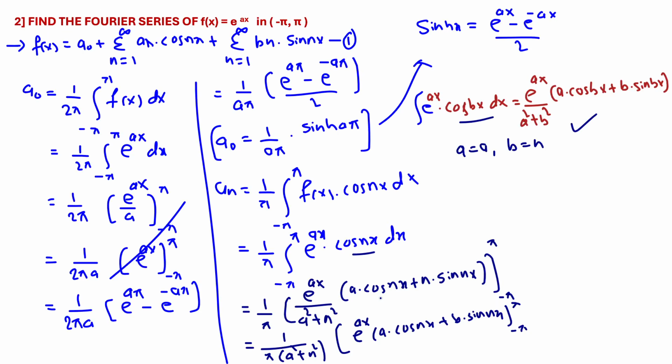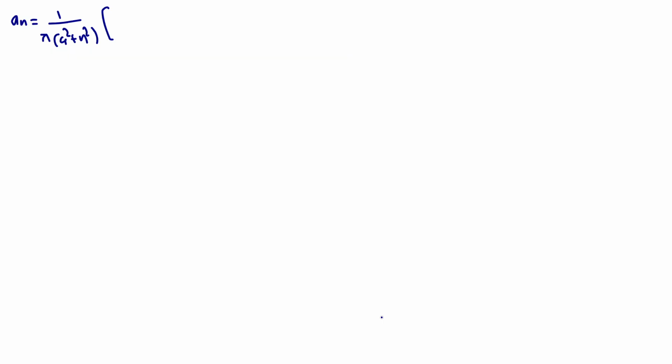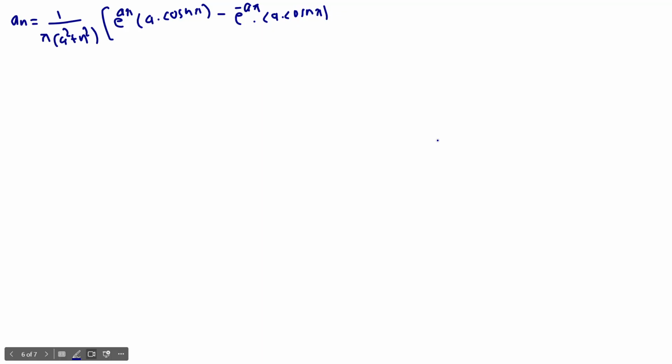Instead of x, first I have to put the upper limit pi. Sin n pi we know is 0, so its value will be e raised to a pi into a cos n pi. Minus, now in the same expression put the lower limit, so e raised to minus a pi into a into again cos n pi, because the sine term is 0 here.